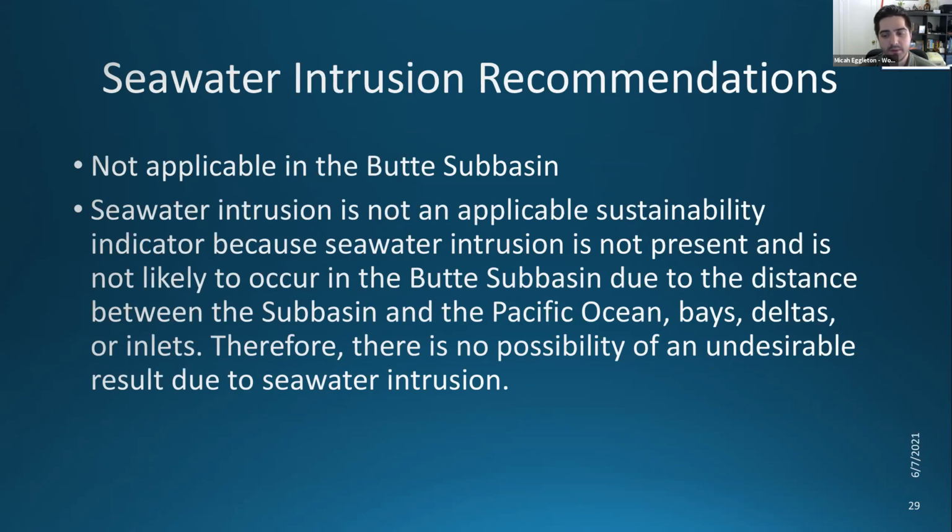Therefore, there is no possibility of an undesirable result due to seawater intrusion. That's the standard language that we'll be using in the plan. It's been used in many of the plans. It's pretty much pulled directly from the regs. Yes, we've had this conversation many times about seawater intrusion, and thus far the BAB has been supportive of the use of this language.